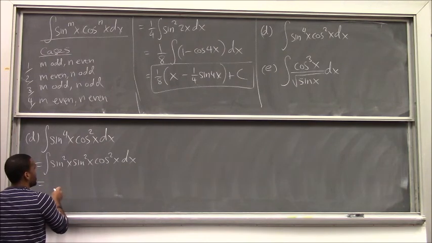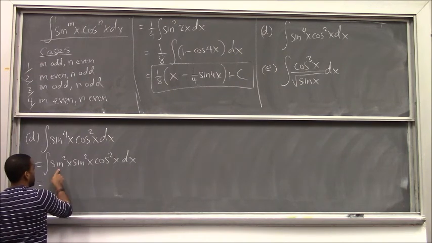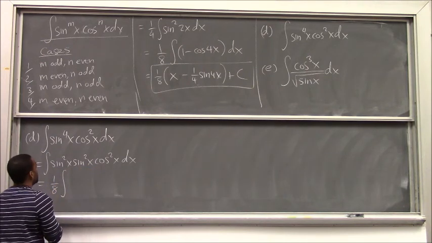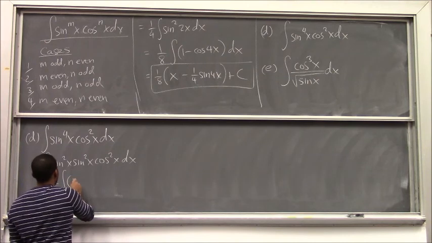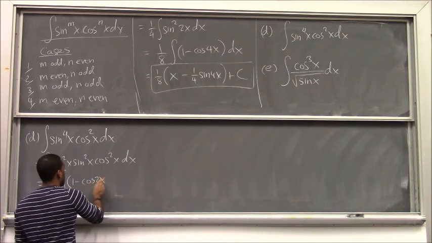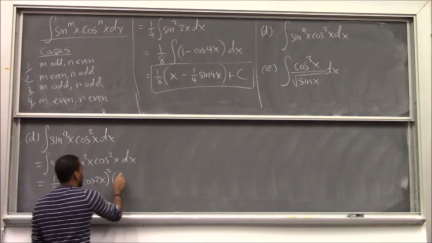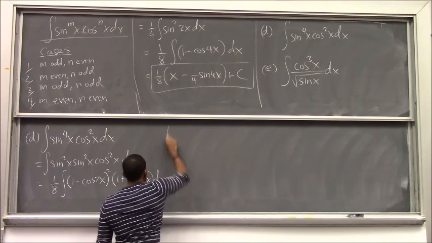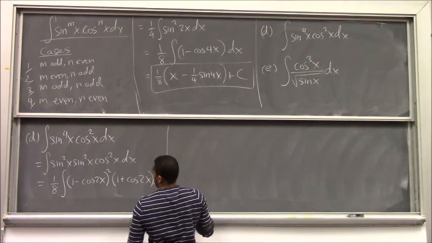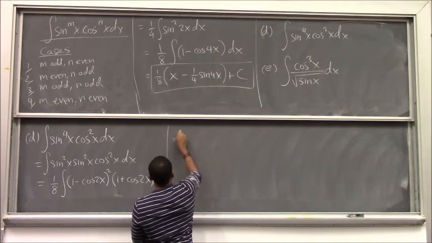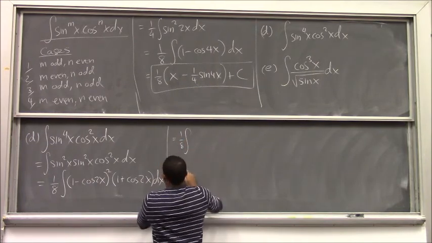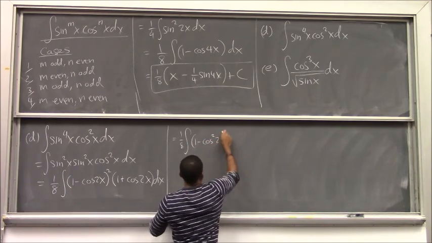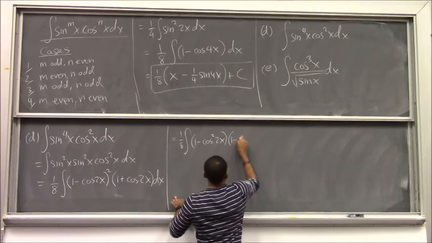Okay, so what is that going to end up being? So I'm going to have a half here, half here, half here. It's 1/8. And this would be 1 minus cosine 2x squared, so 1 plus cosine 2x. Which is going to be, well, this is 1 minus cosine squared 2x times 1 minus cosine 2x.